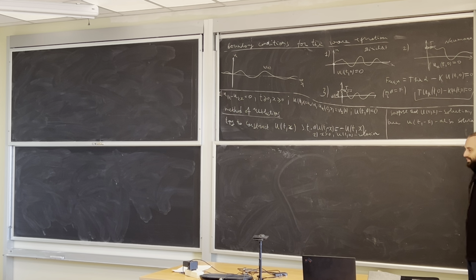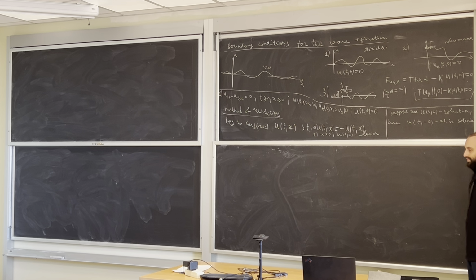If this solved the wave equation in the variable minus x, then we had the equality d2 over dt squared minus d2 over d minus x squared of u of t minus x equals 0.